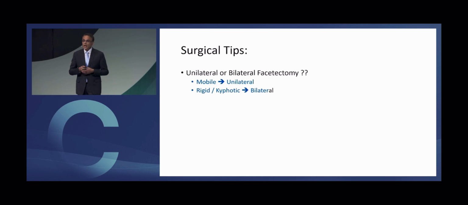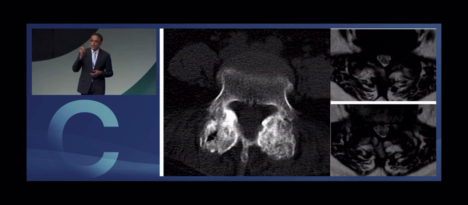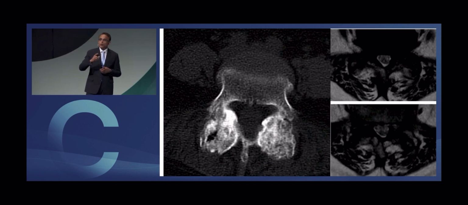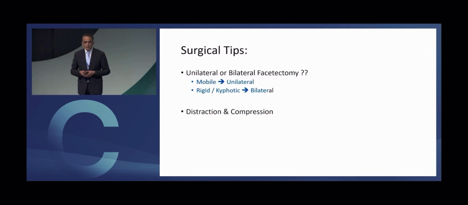However, there are rigid segments, also the kyphotic segment as we just showed, where bilateral facetectomy would probably be required. In this kind of patient where the facets are almost fused, it can be done monoportal from the same side ipsilaterally, or you can dock a tube on the other side to do a facetectomy and do your release.